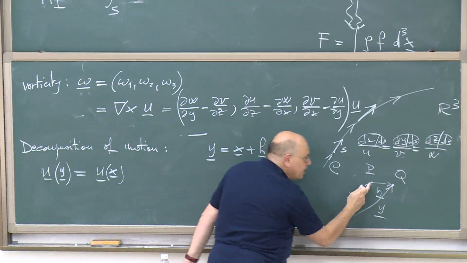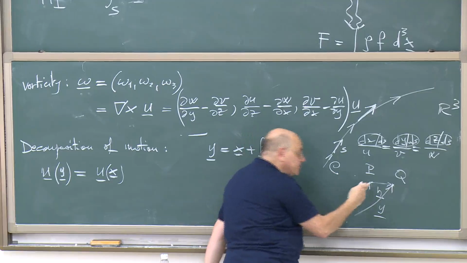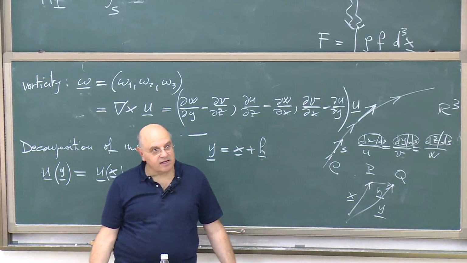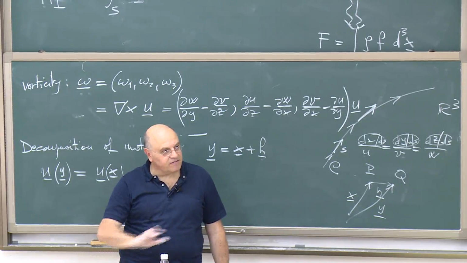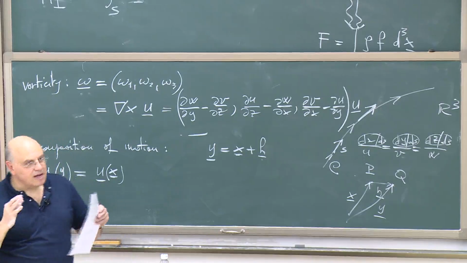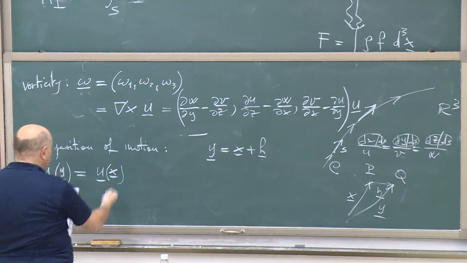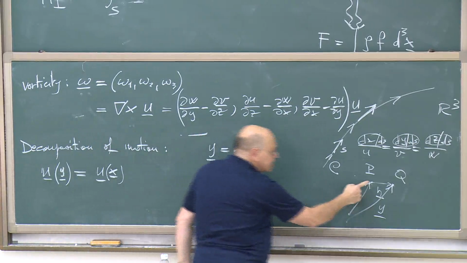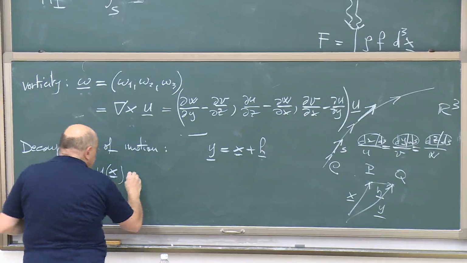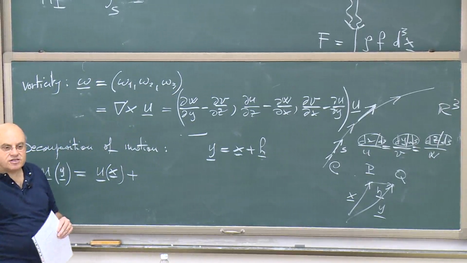I'm here, I want to say something here, so I say something here in terms of what I have here plus the displacement. Okay? Very, very simple concepts. Then you work out the mathematics, it becomes a little more complicated, but the concepts are so simple. So you have u of x, but I want to know u of y. So u of x plus something. Here you have a kind of Taylor expansion.